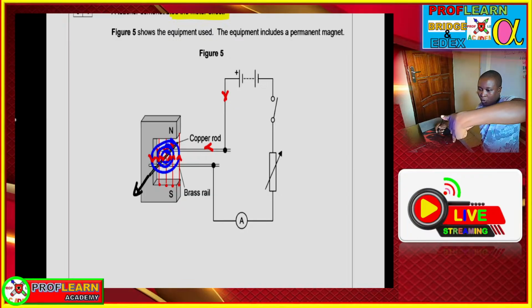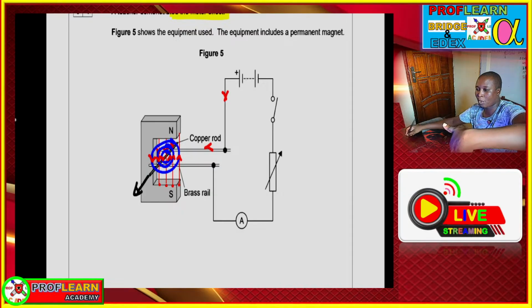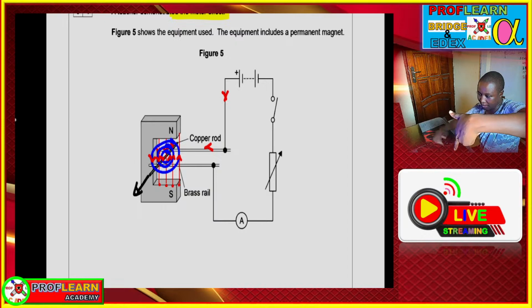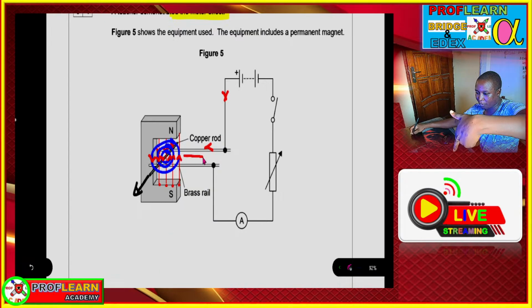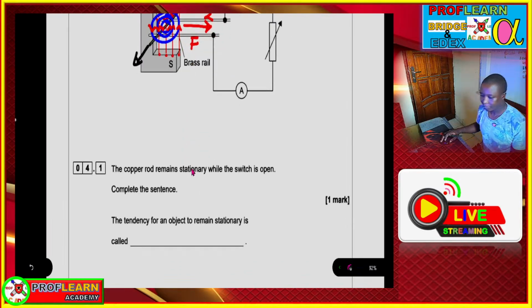Then the thumb gives me the direction in which the motion is going. So the copper rod is going to experience a force in that direction. Let me just draw it there. This is the force which the copper rod experiences using Fleming's left hand rule.